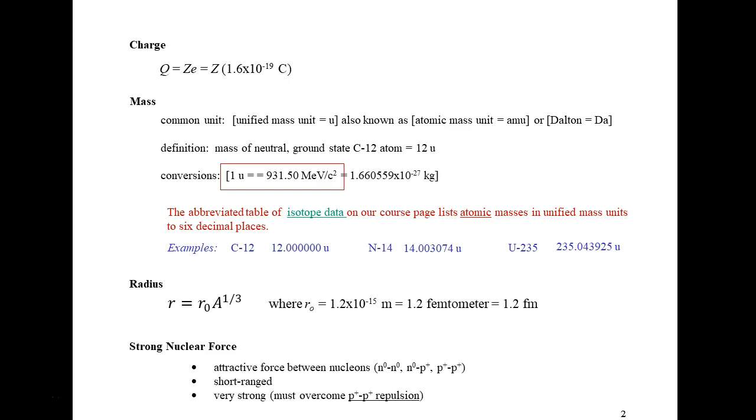First, it is an attractive force between all nucleons. So neutron attracts neutron, neutron attracts proton, proton attracts proton if they get close enough. Next, it is extremely short range. It's only going to be strong over a few femtometers. Once you get beyond that, the force falls off dramatically.